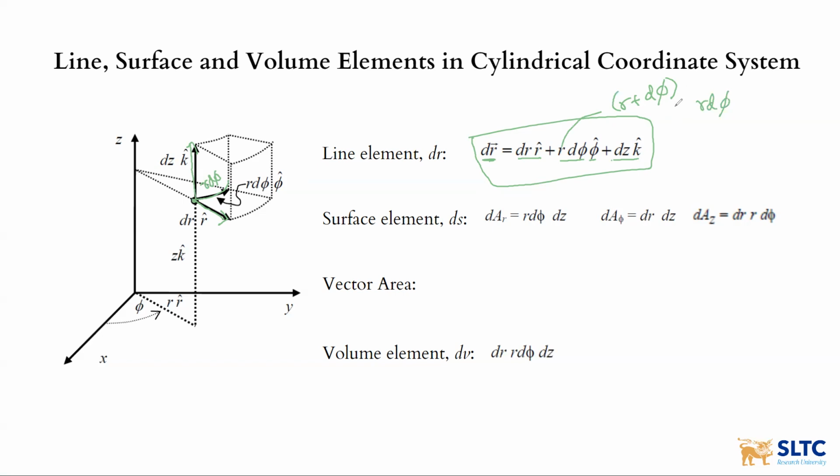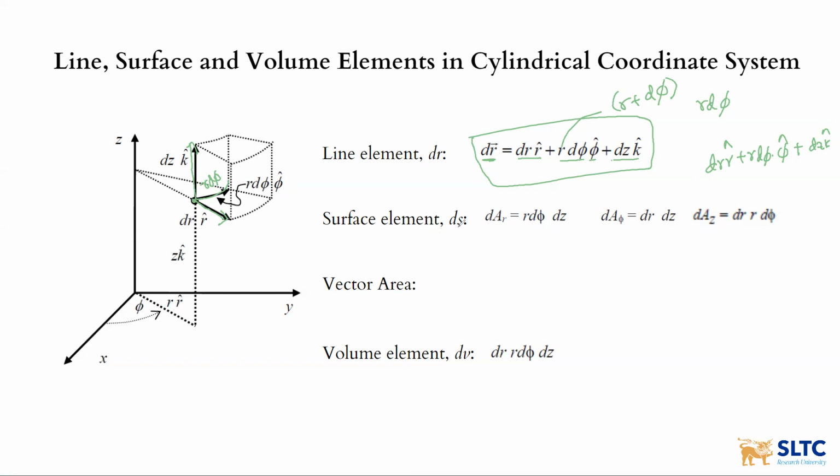We have to be very careful when we are writing these. If we do addition, then it's wrong, right? So we will have to use r d phi, right? So dr r hat plus r d phi into phi hat plus dz into k hat. That is how we can define the line element.